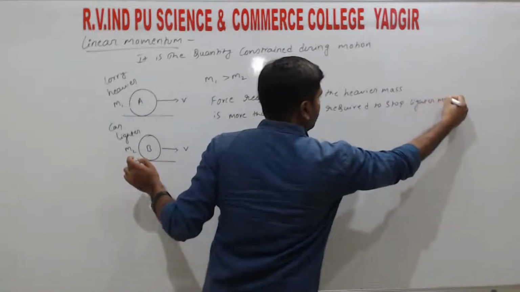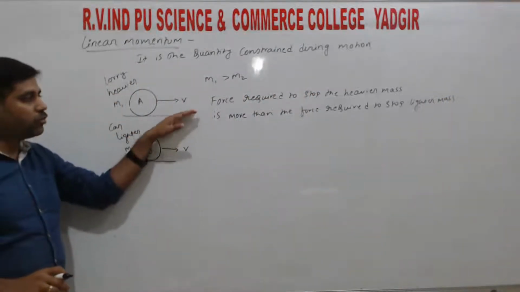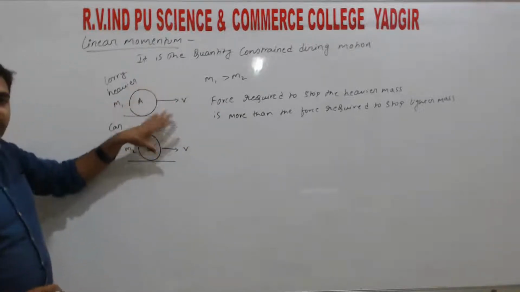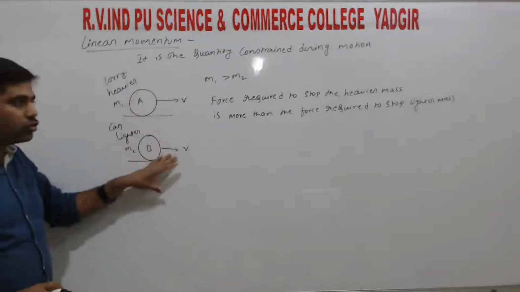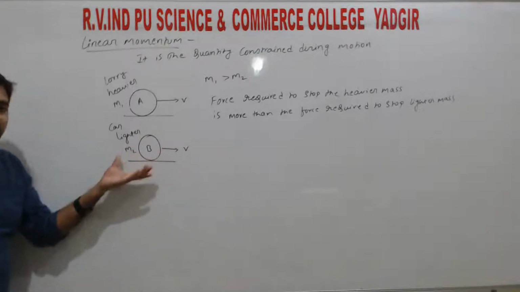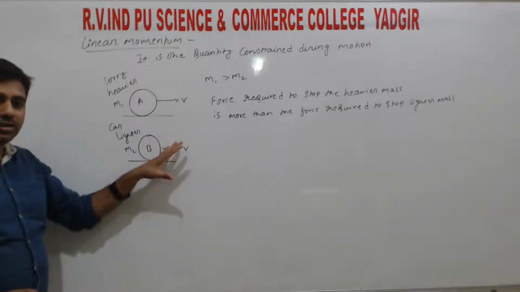From this we can conclude that a heavier force is required to stop the heavier mass, and a lighter force is required to stop the lighter objects, when these two are moving with the same velocity, right?